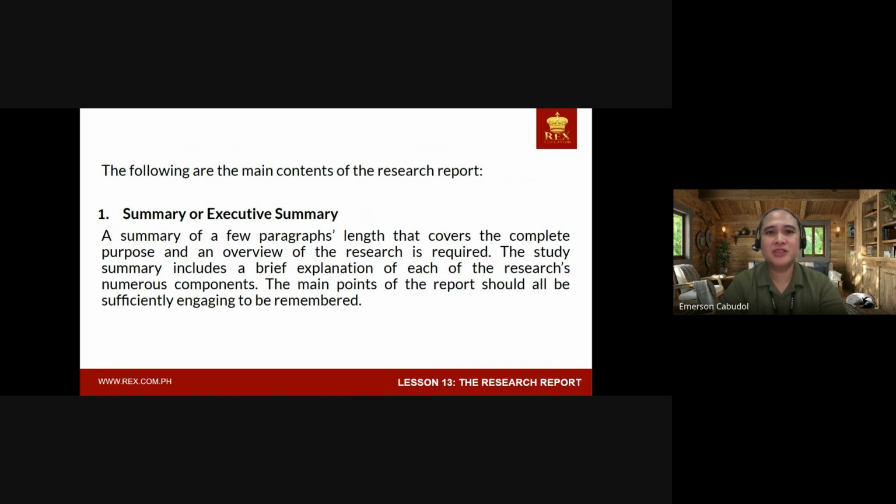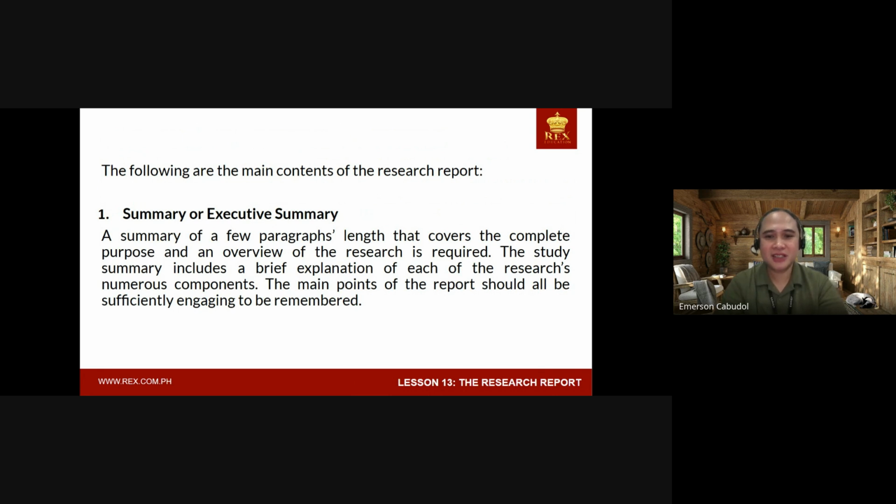There are some research requirements, although they call this the abstract. The key elements of an executive summary: purpose of the research, overview of the methodology, the key findings, and of course, the implications.